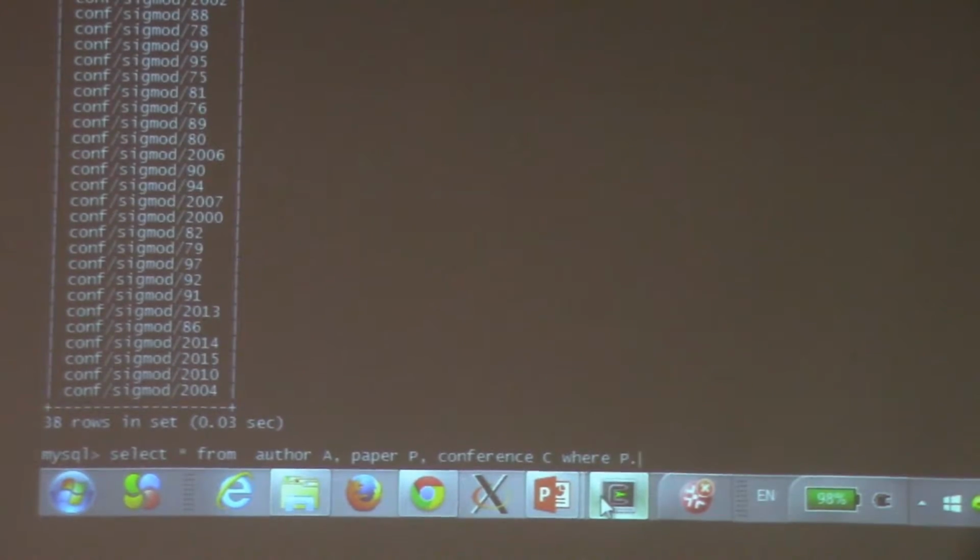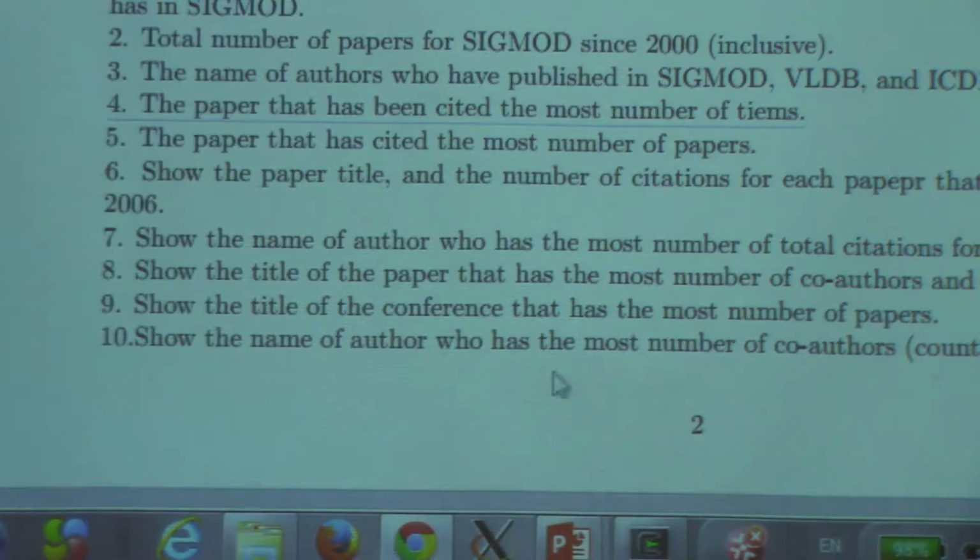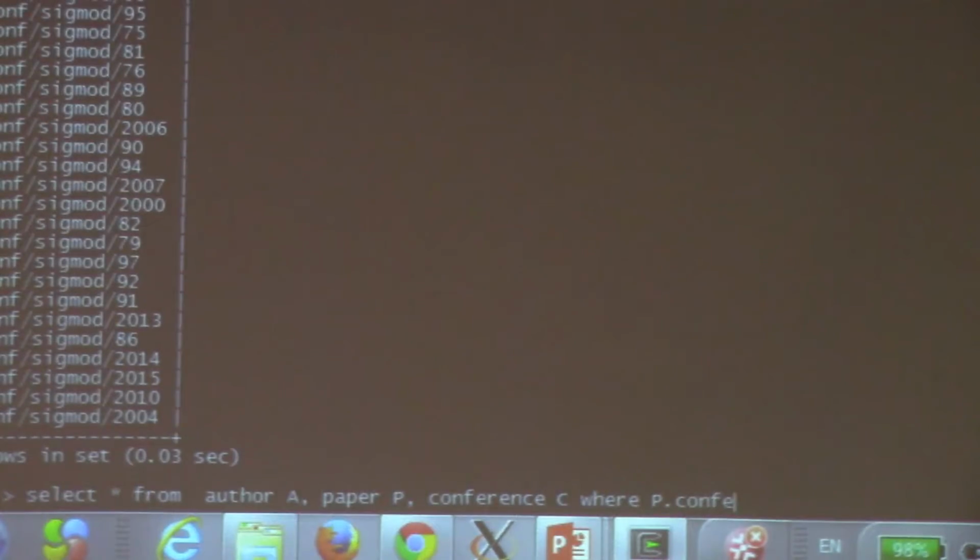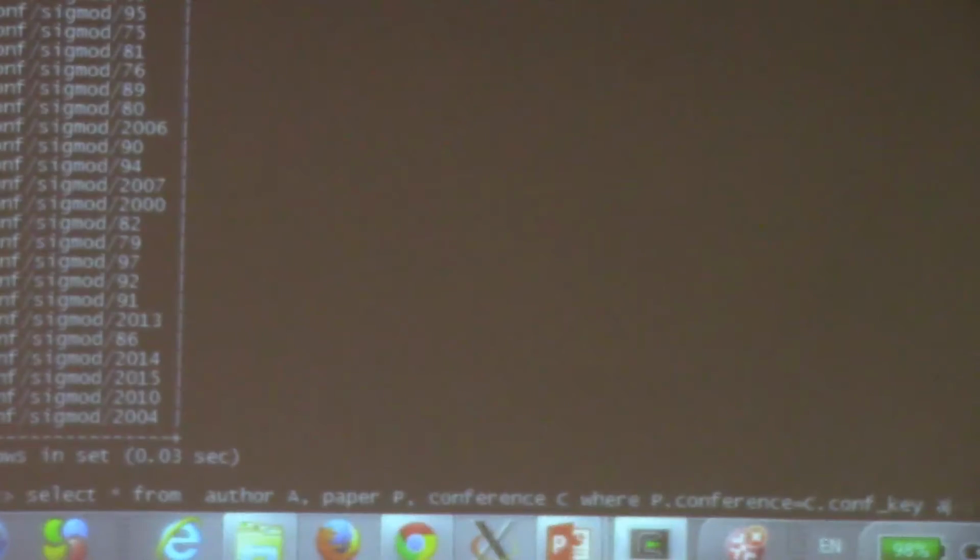Where in the paper table, this must equal the conference key from the conference table to make sure it talks about the same conference. You follow me? And author equal to this.